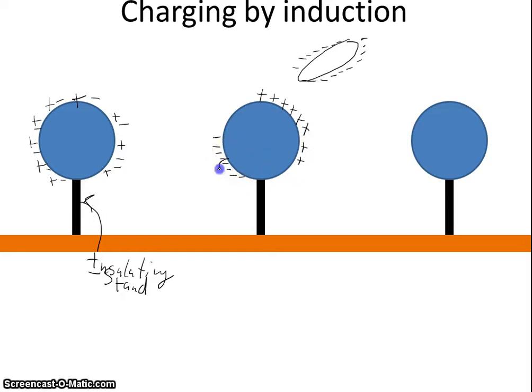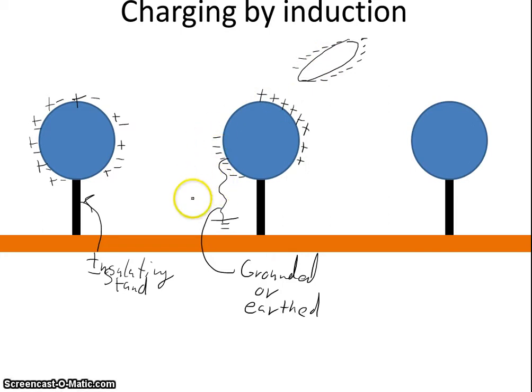And if I were to take a wire and attach this wire to the ground, which is called grounding or earthing, which is something to remember, meaning we're giving the electrons a place where they can flow from the sphere into the ground. Then these electrons that are feeling a repulsive force from this rod can then escape.